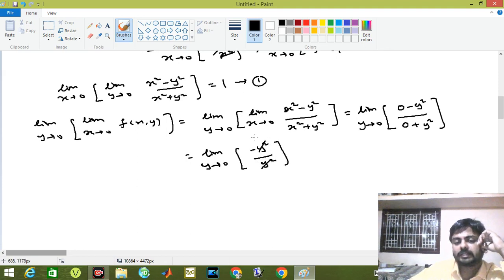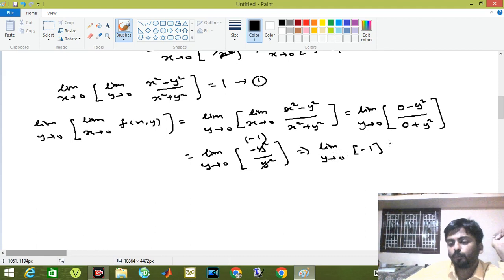These two will get cancelled and give you minus 1 as the result, which is limit y tends to 0 of minus 1. There is no need to substitute y as 0 because there is no y, so that is equal to minus 1.